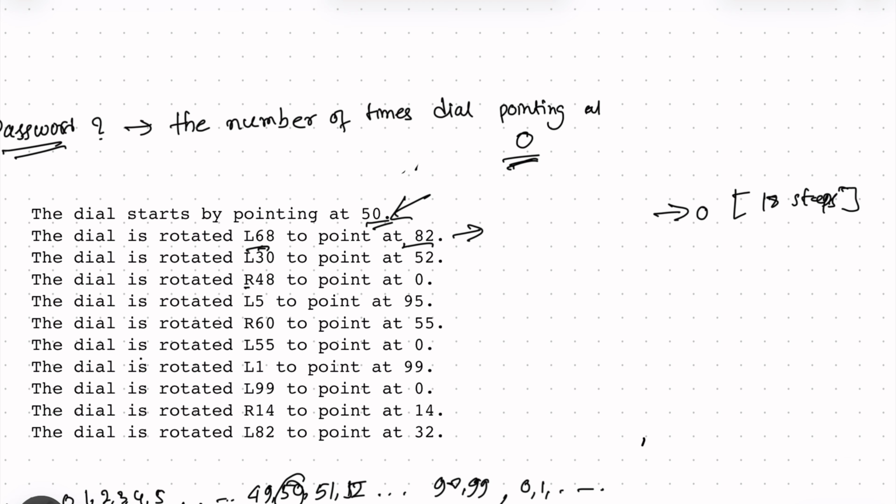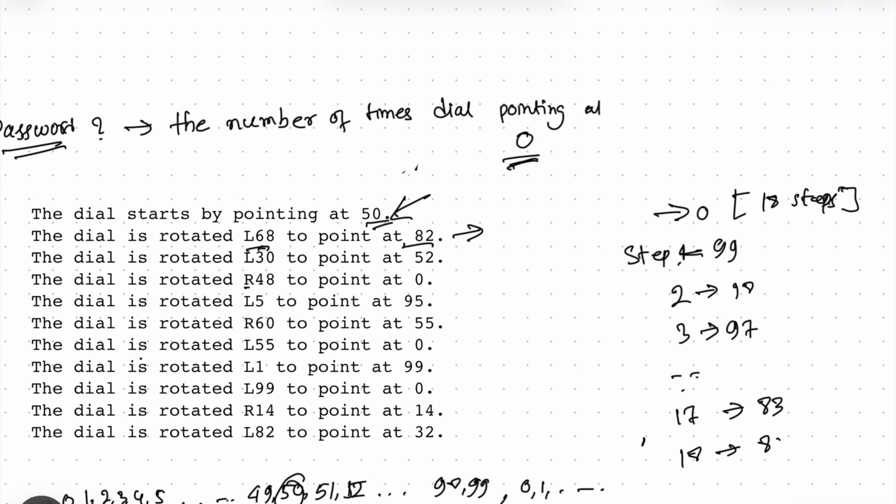In step 1 we'll reach 99, and in step 2 we'll reach 98. Step 3 we'll reach 97, and then in 17 steps we'll reach 83, and after 18 steps we'll reach 82. That's why it mentioned pointing at 82.